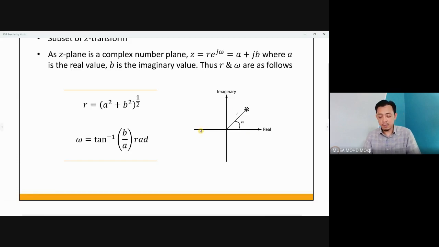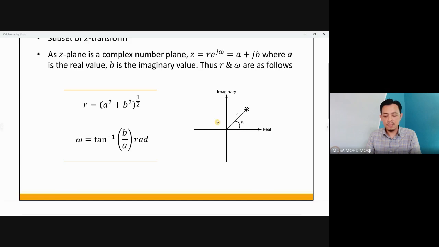We can also say it as negative pi, because if you start from 0, this is negative pi over 2, and this is also negative pi. That's how angles work for cosine and sine signals.